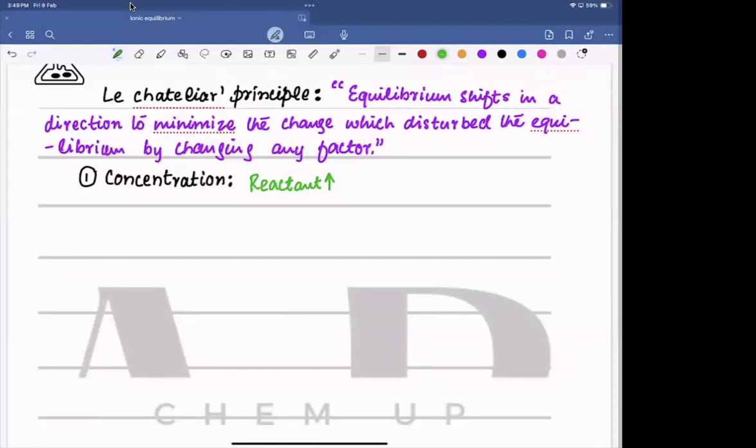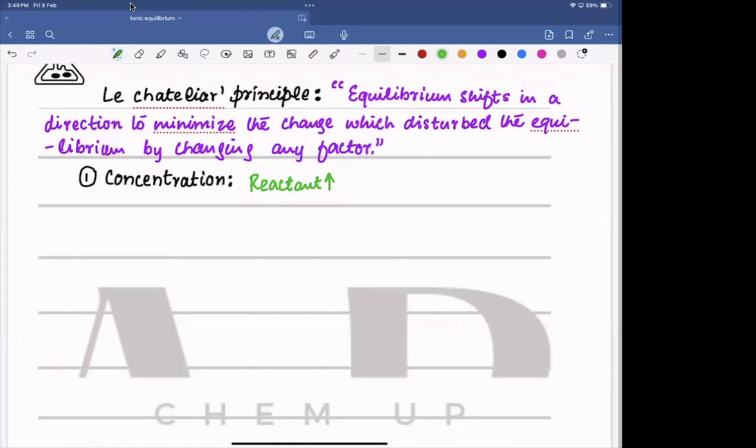Now there is excess reactant in it. So to reestablish the equilibrium, would the position of the equilibrium shift towards right or towards left, towards the reactant side or towards the product side?